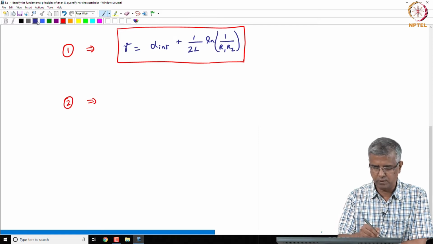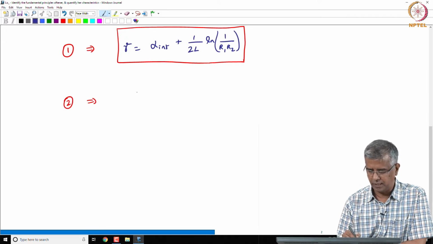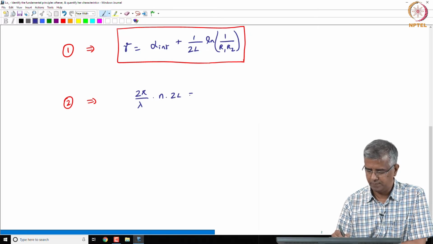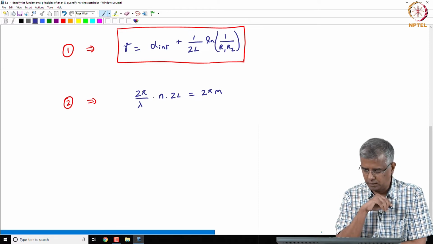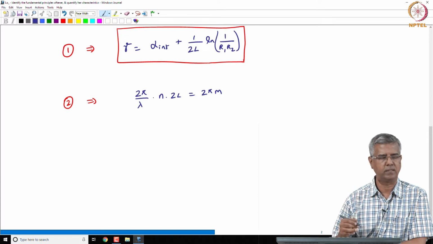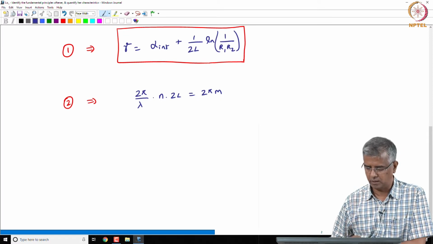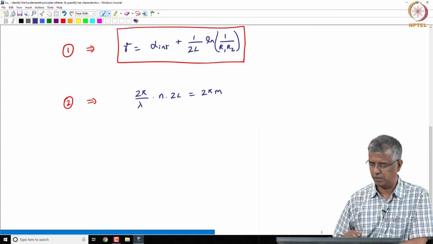And the other important result is, what we are saying is 2 pi over lambda multiplied by n multiplied by 2L is equal to 2 pi multiplied by m, and lambda you can write it as c over nu, where nu is the frequency.